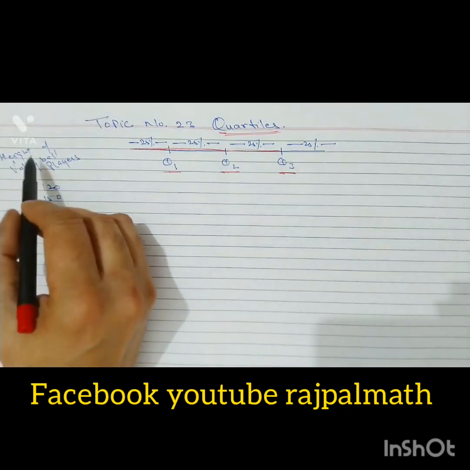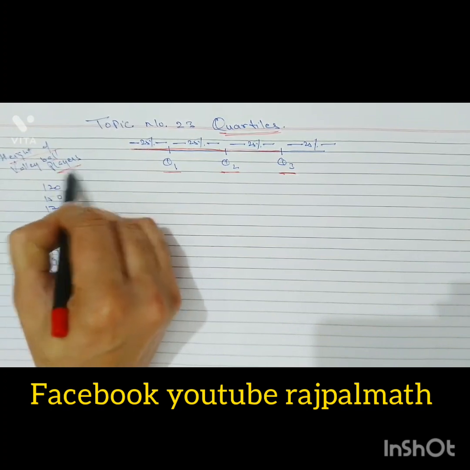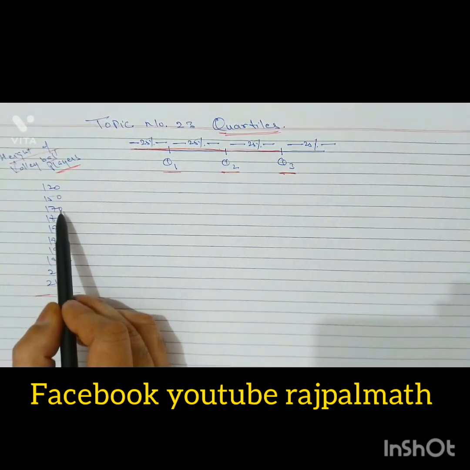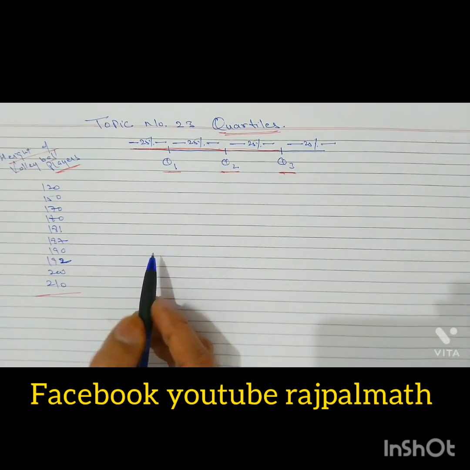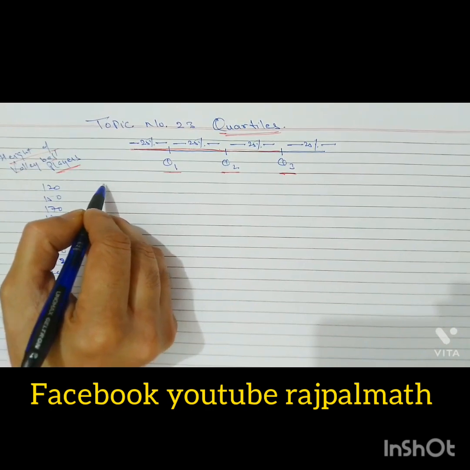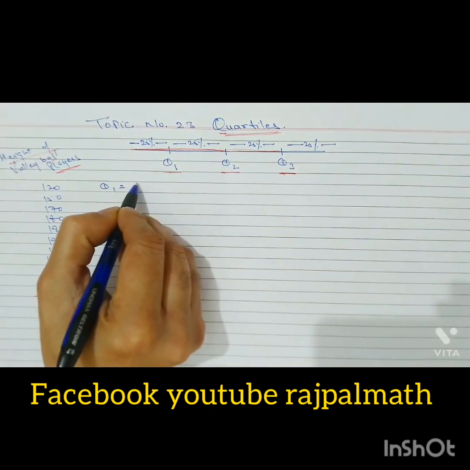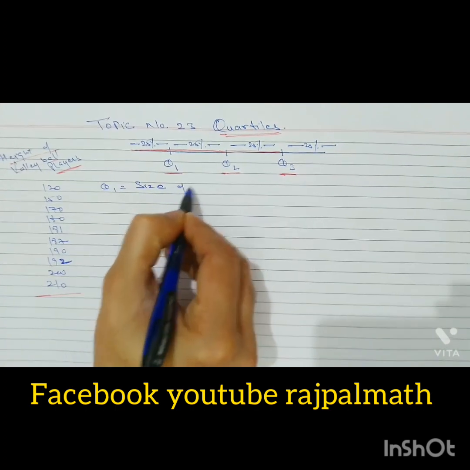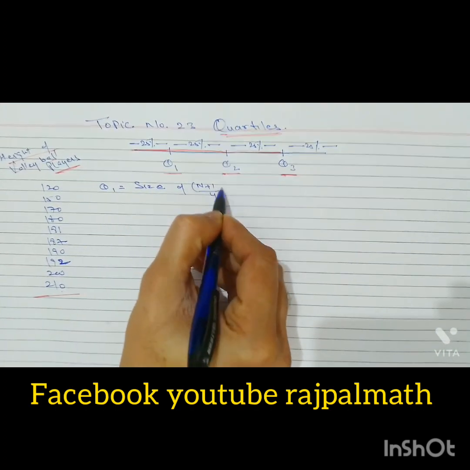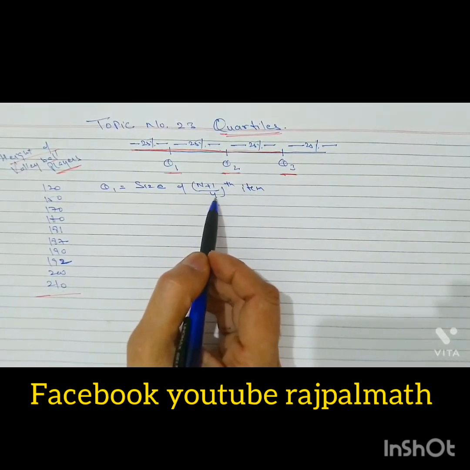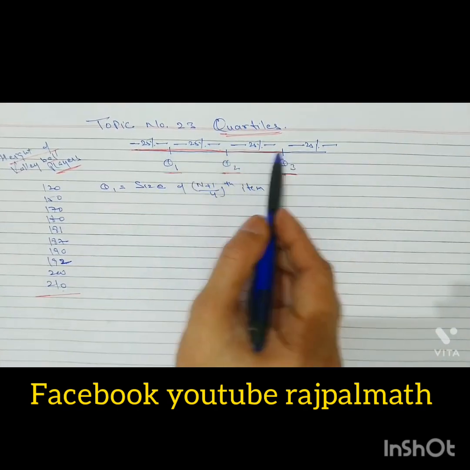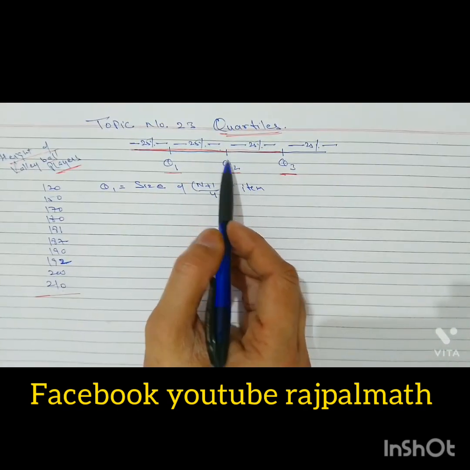Let's do one example. Heights of volleyball players are given: 120, 150, 170, 180, 181, 187, 190, 192, 200 and 210. First calculate Q1. Q1 is the size of (n plus 1) by 4th item. 4 means the given series is divided into 4 equal parts.